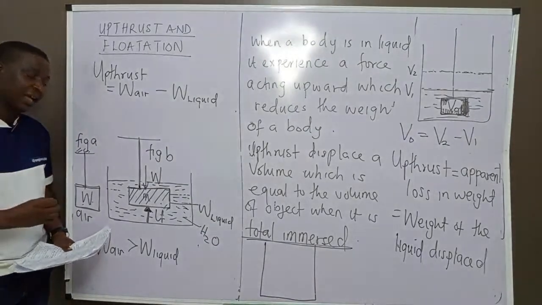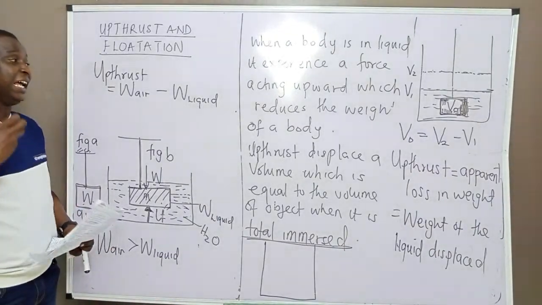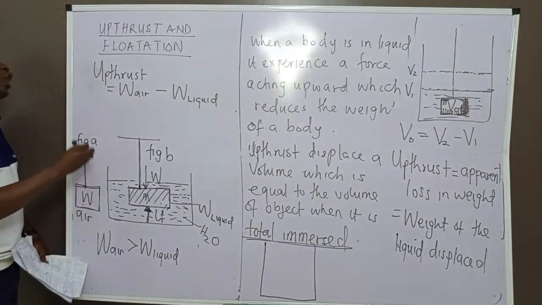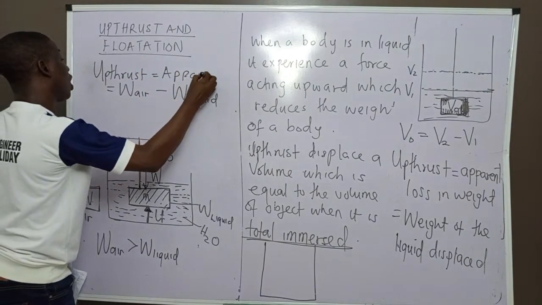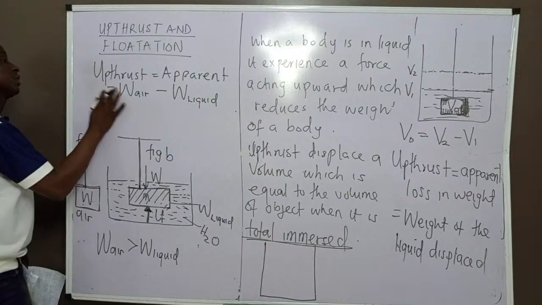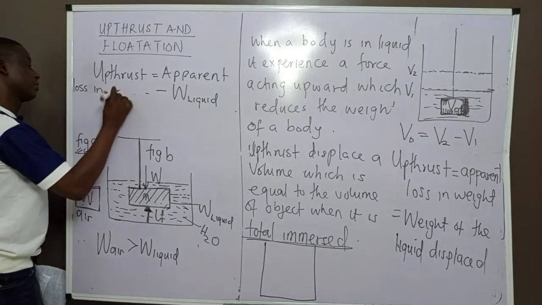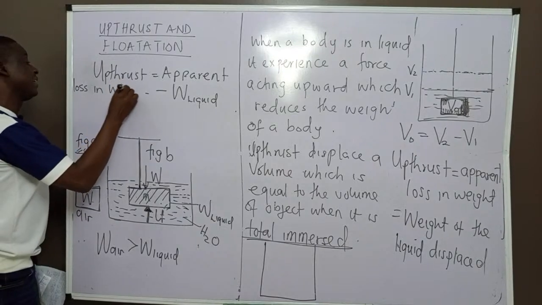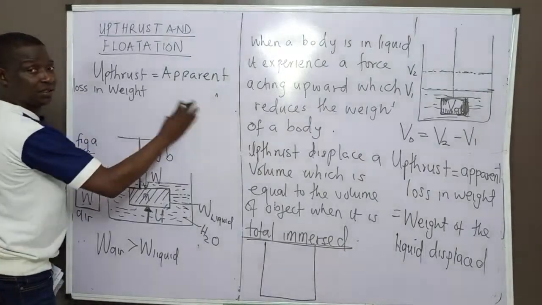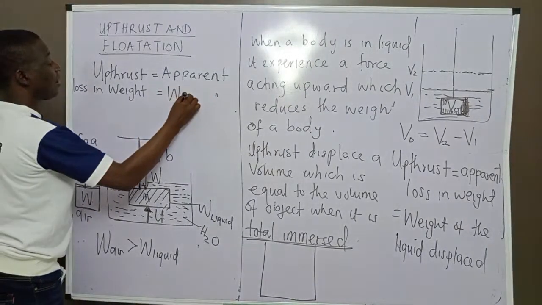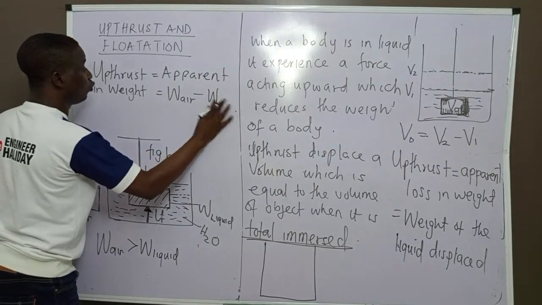So the loss in weight, which is the apparent loss in weight, will now be equal to what? We say weight in air minus weight in liquid.